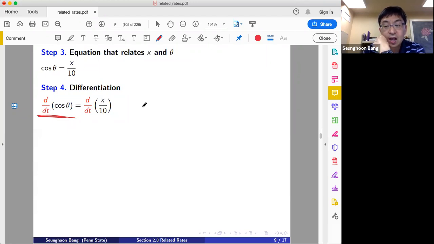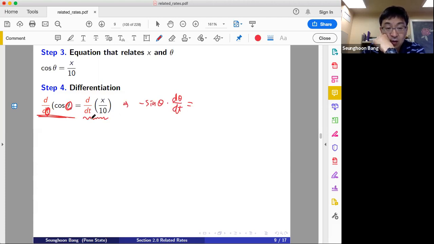The negative sign, that's it. Here, negative sine theta. One more: what's the variable? T is the variable. What's theta? Theta is a function of t, always. So d theta/dt. You can write this. Equals, what is the second one?